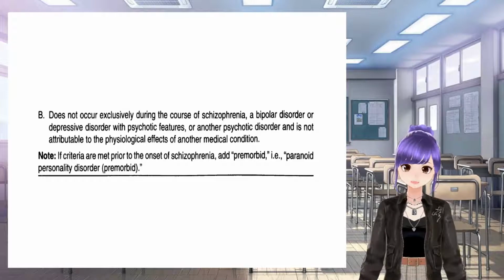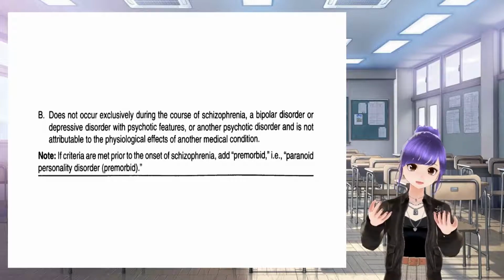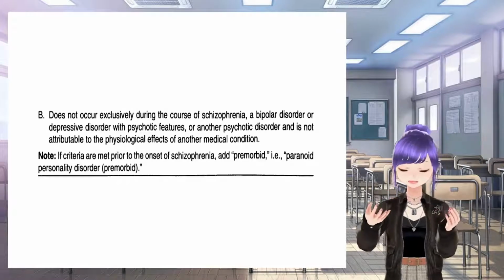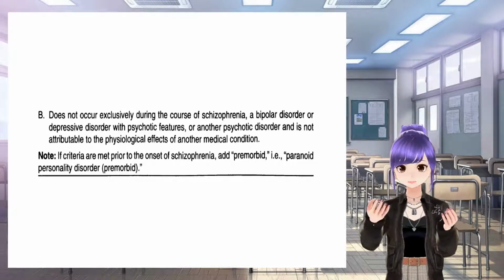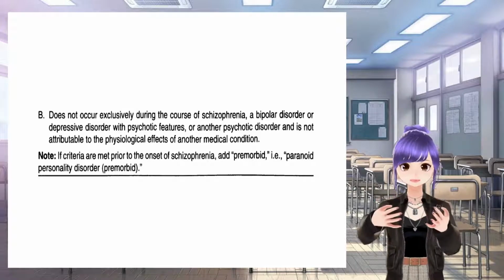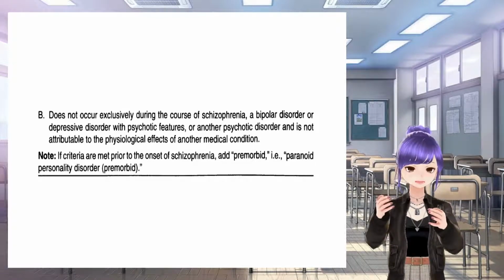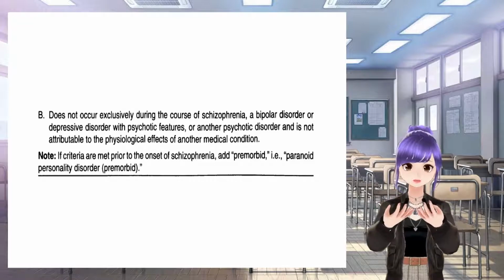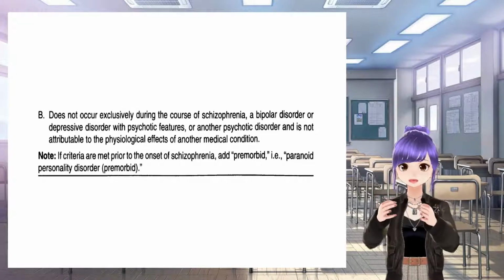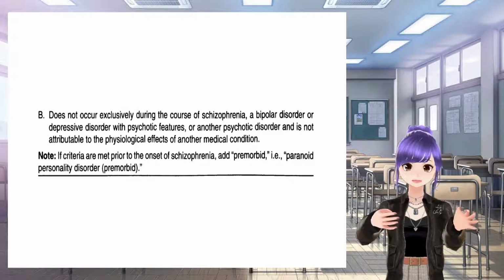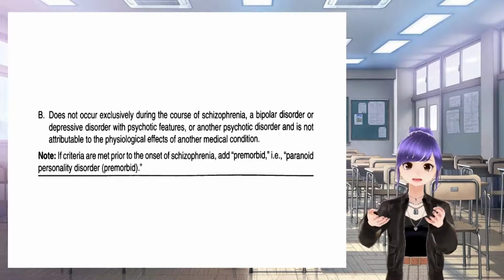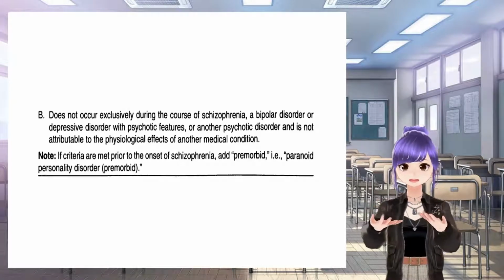So as you can see here, there is really an exclusion clause for schizophrenia because in the cluster A, they usually involve quote unquote beliefs but not really delusions. So you really need to consider or study well whether that personality disorder is premorbid, or before the onset of a possible schizophrenia, that person may have a personality disorder, in particular paranoid personality disorder.